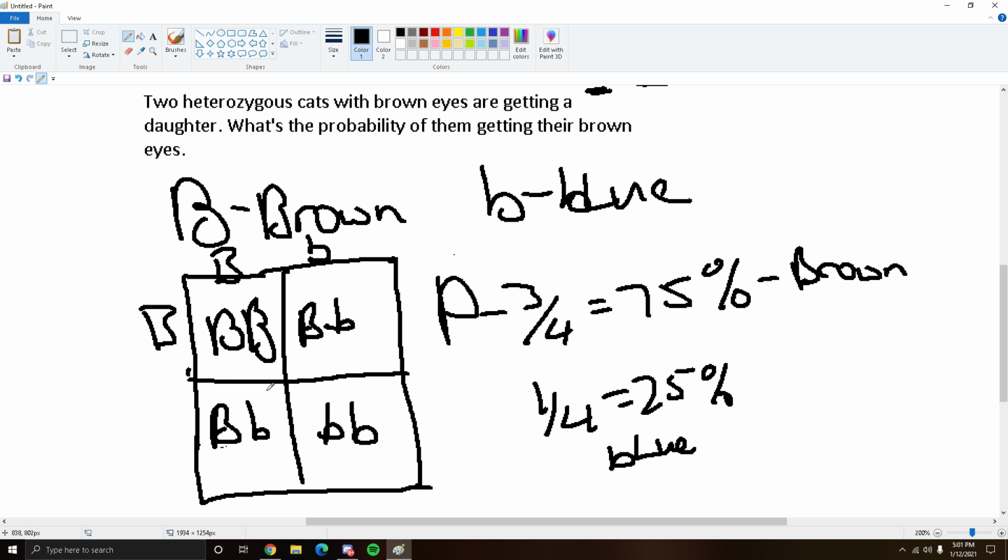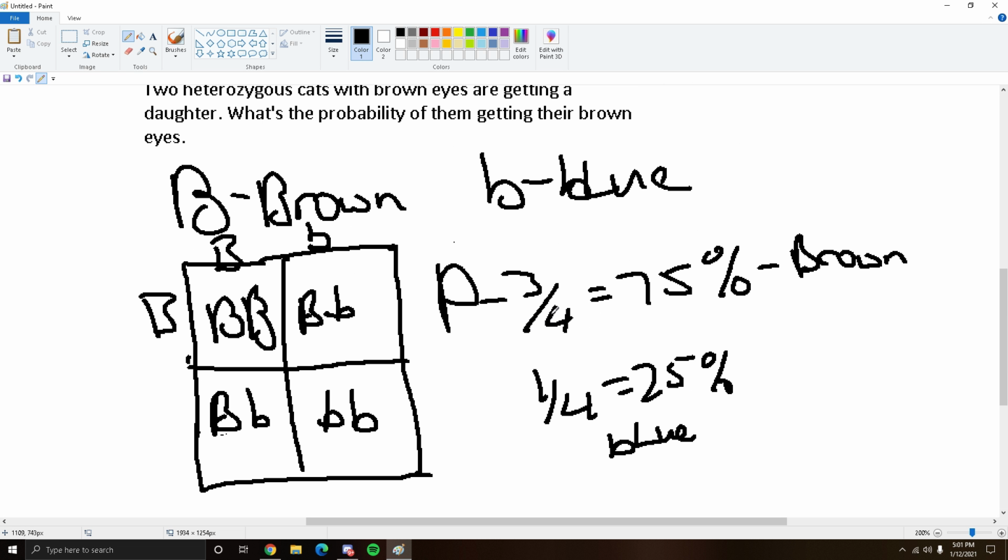Three of these outplay the blue ones, so they're brown. There are two heterozygous and one homozygous dominant. Sorry, I can't speak on this. So it's 3 out of 4, and it's 75% brown. And it's 1 out of 4 for blue, so 25%.